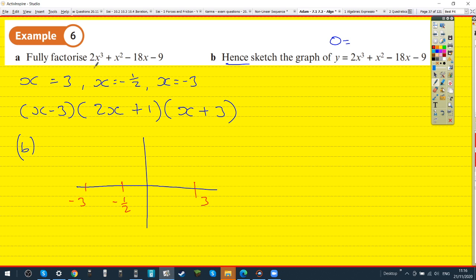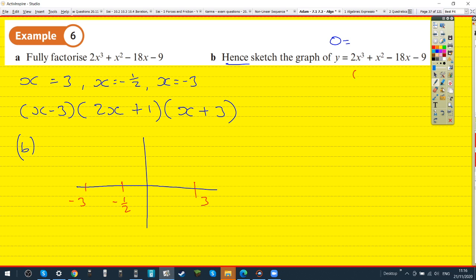Y-intercept is when x is 0. So when x is 0, what is the y? So would you just substitute 0 in for all the x's? Yep. What would you get?